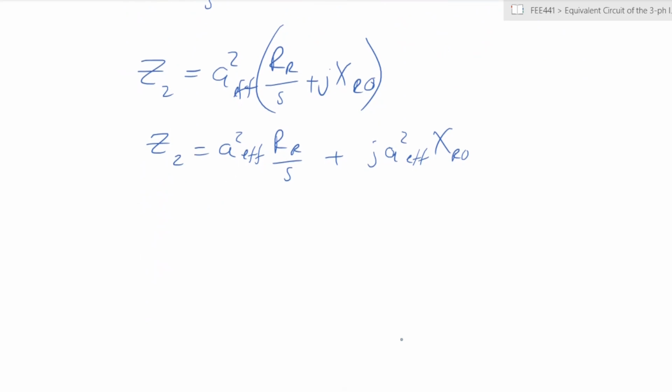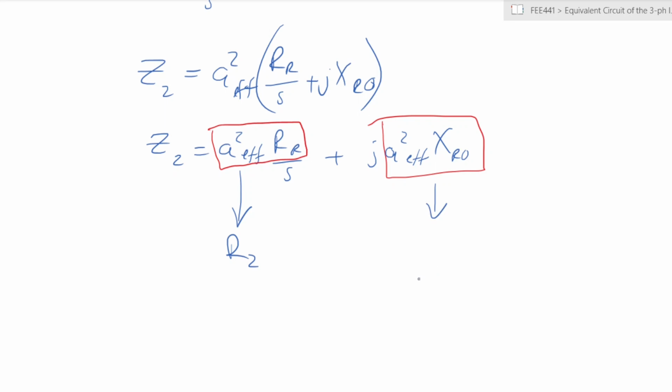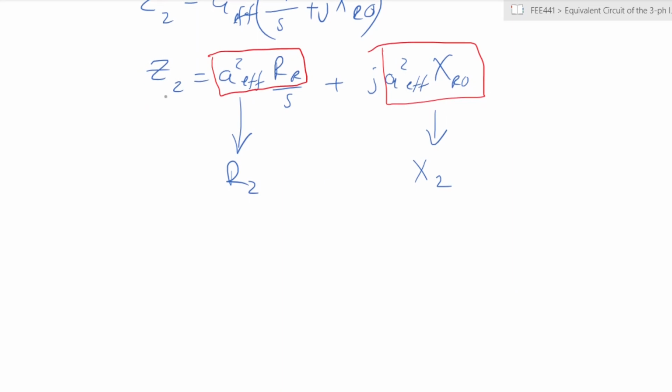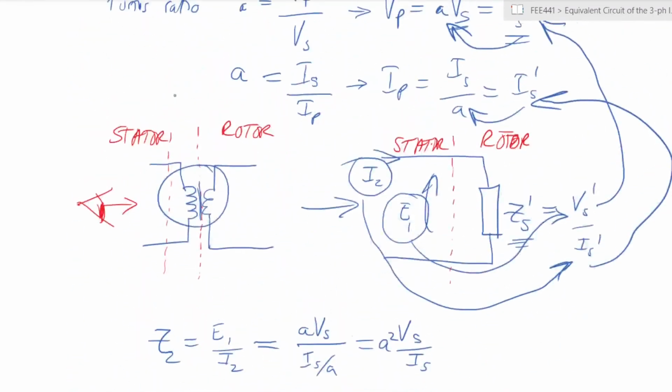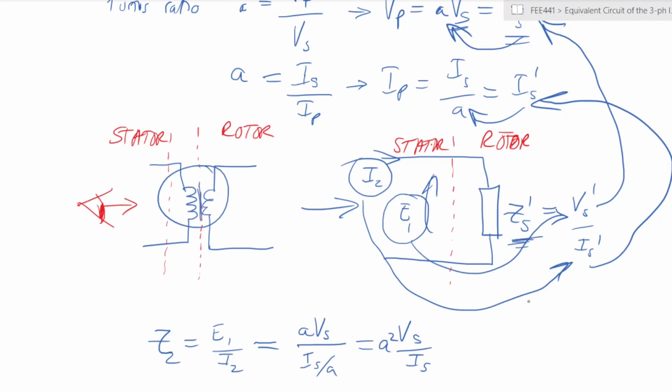Matching up, right? So that means that if we could take this element and this element, we would be able to match it up with these two. Because we know the effective turns ratio, we can now call this a new element called R2, and this a new element called X2, such that you would have your Z2, which we had created here as a representation, ZS, which we called Z2.